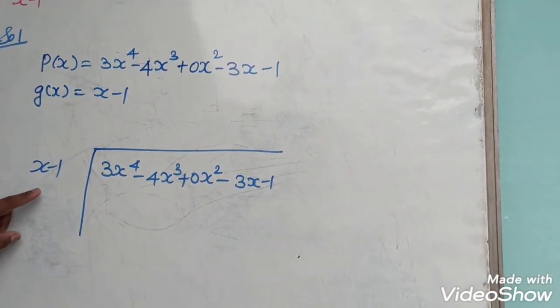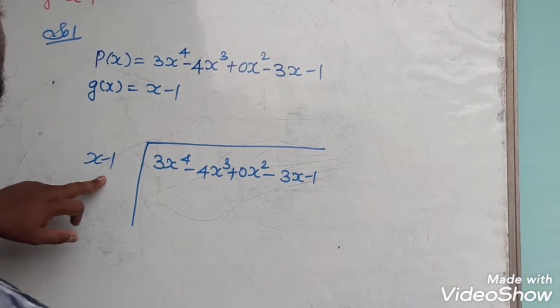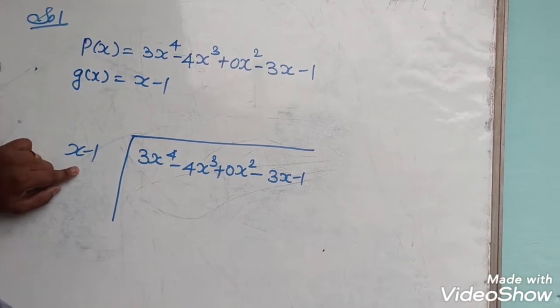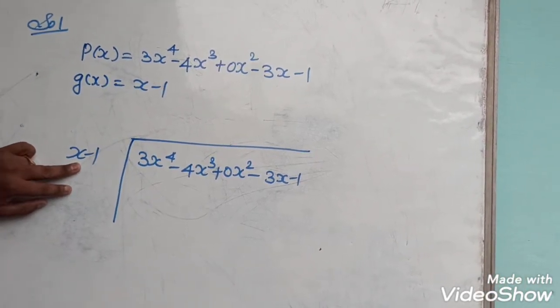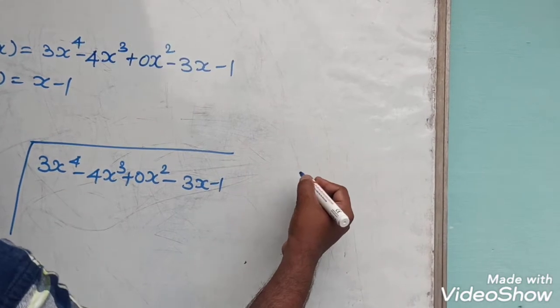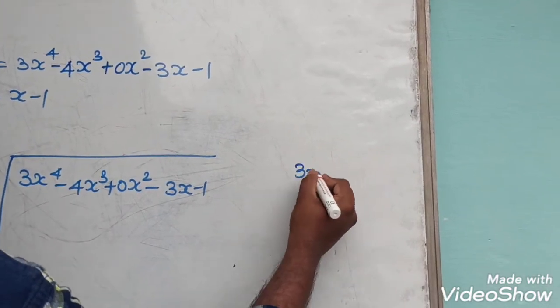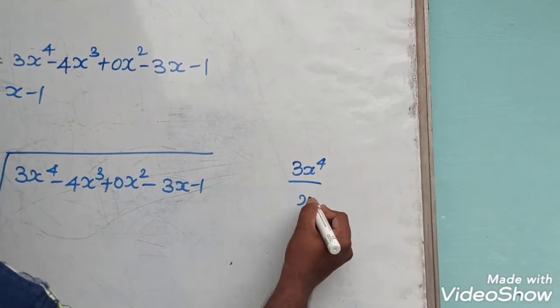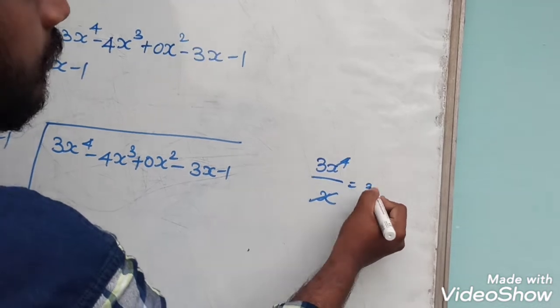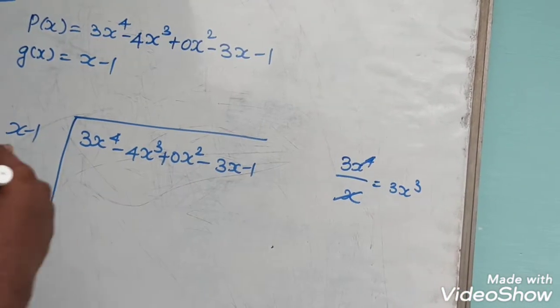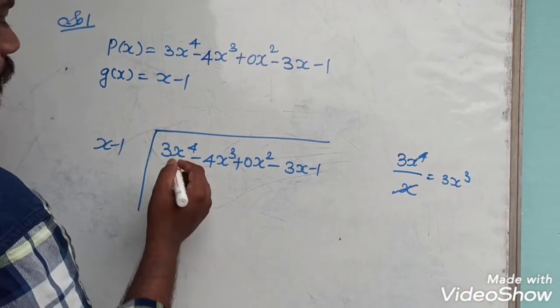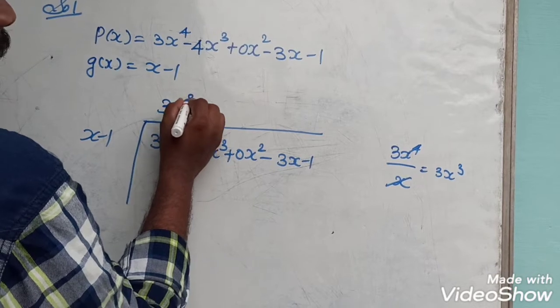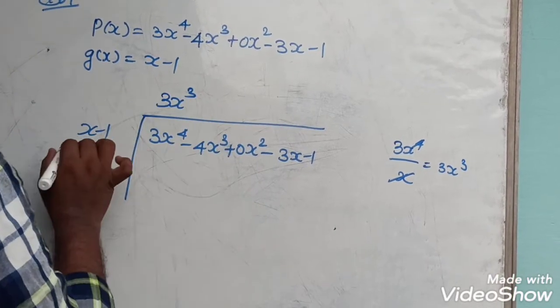So you have to see what is the comparison. x multiplied with 3x cube, x cube into x gives x power 4.